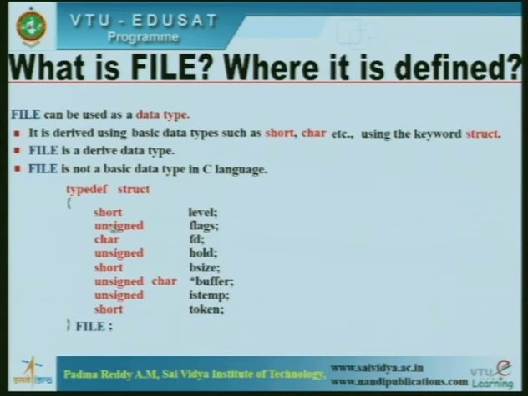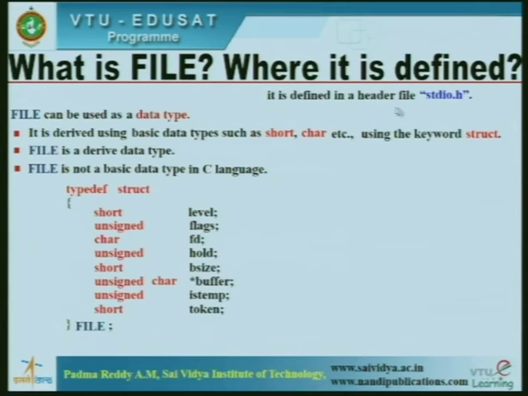If you observe, here we have short, unsigned char, and so on. These are all basic data types available. Using the basic data types, we are obtaining a new data type, that is FILE. So we say it is a user defined data type.